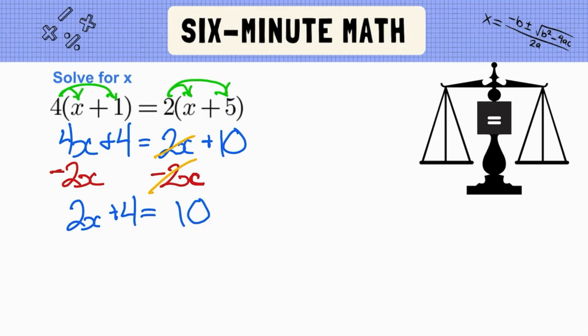I want my variable by itself, so I'm going to subtract 4, and because I am doing equations, I need to subtract 4 from both sides. My positive 4 and negative 4 cancel each other off, and I'm left with 2x equals 10 minus 4, which is 6.